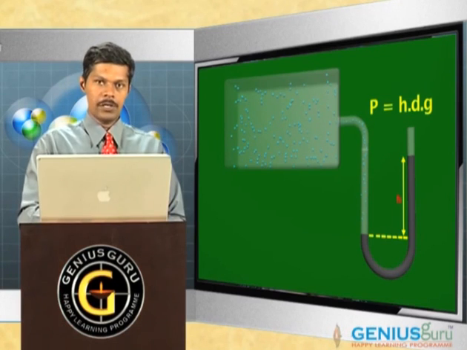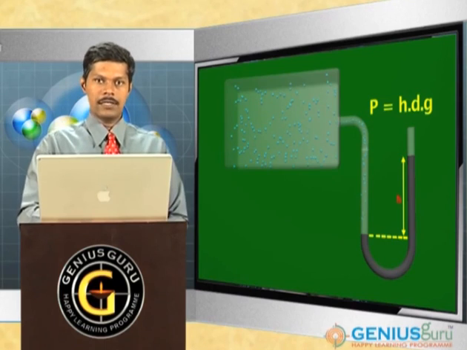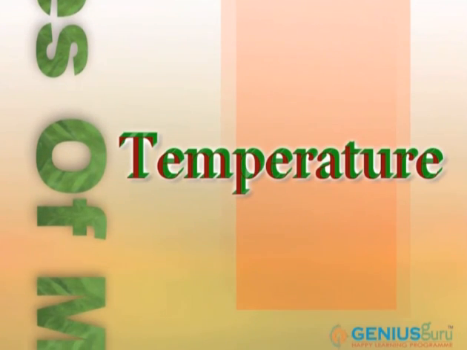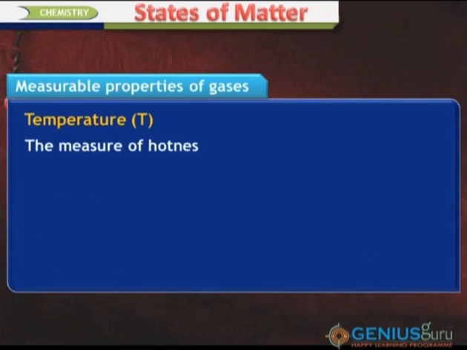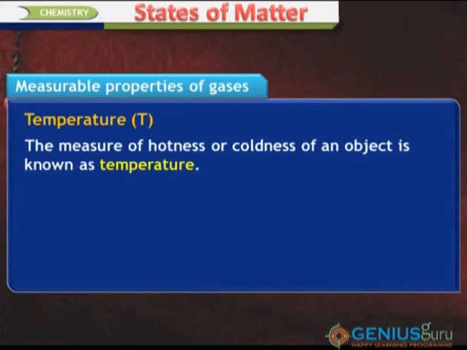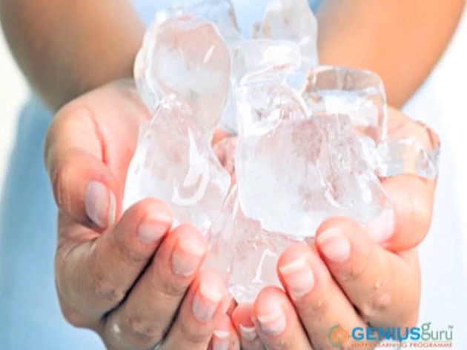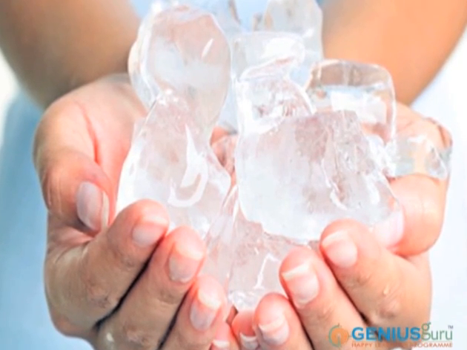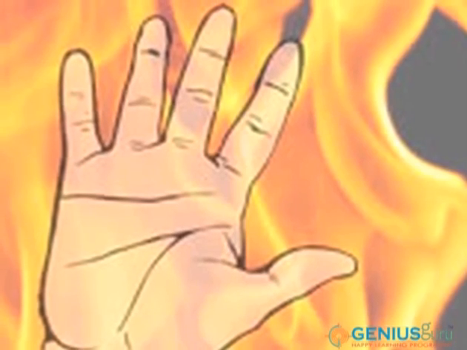Coming to another property of gases, that is the temperature. Temperature is defined as the measure of hotness or coldness of an object. If you touch ice with our hand, we feel very cold. When you touch fire, we feel very hot.